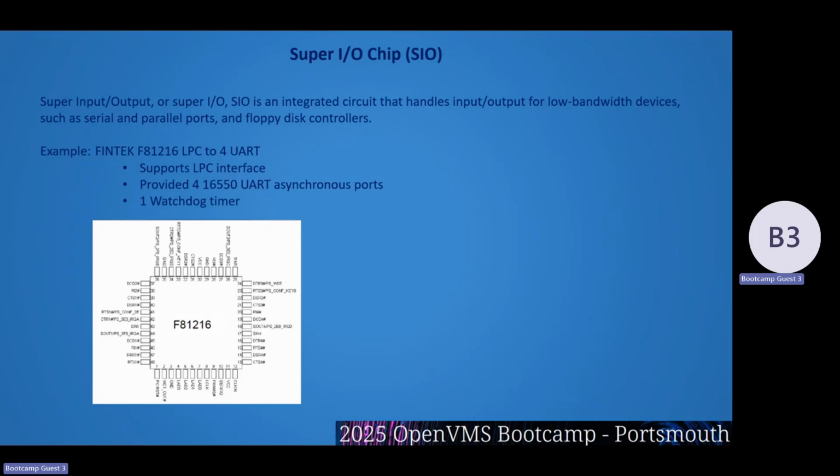LPC means low pin count, lower connectivity, lower power, and in the case of the Aon boards, they're using a Fintek chip. That Fintek chip has 4 UART interfaces and a watchdog timer in it. There are lots of these guys available. So that chip up there replaces these guys.